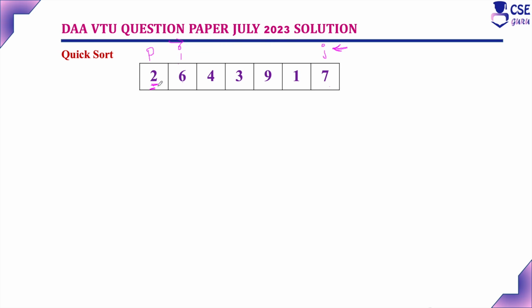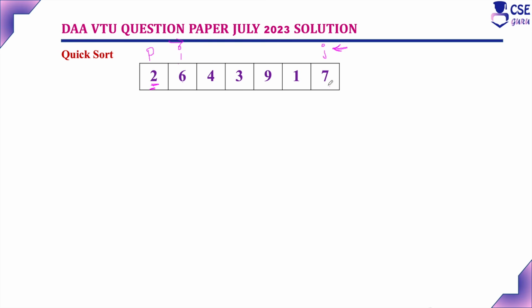After identifying I index value and J index value, there are three situations that will arise. First situation is if I index and J index have not crossed over each other, simply exchange I value and J value.